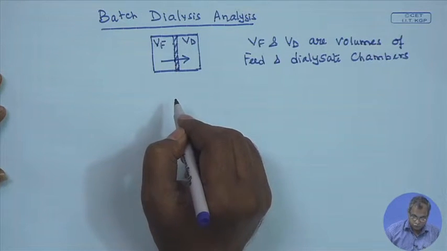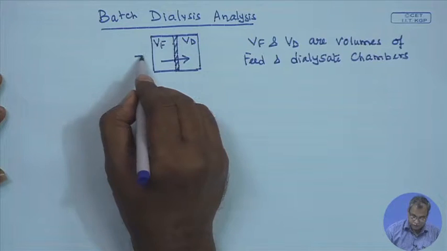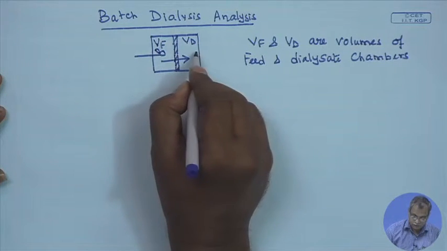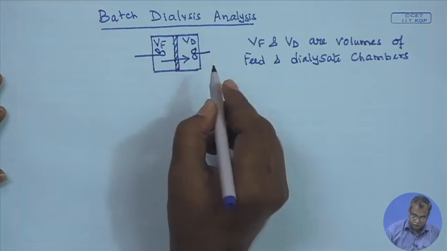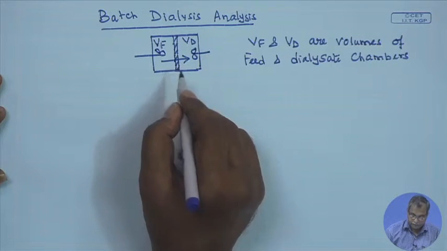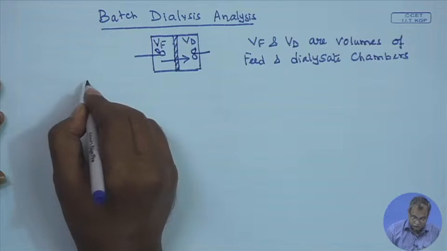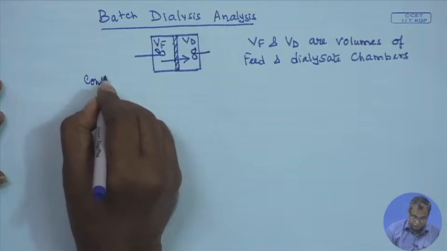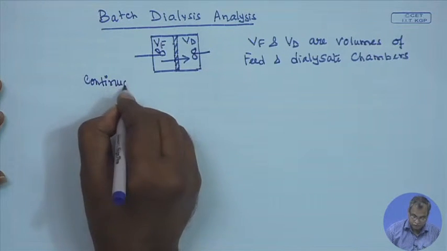Now, we should have stirring here as well as there. Very good stirring will prevent formation of any film over the membrane surface. So, continuous and efficient stirring is required.